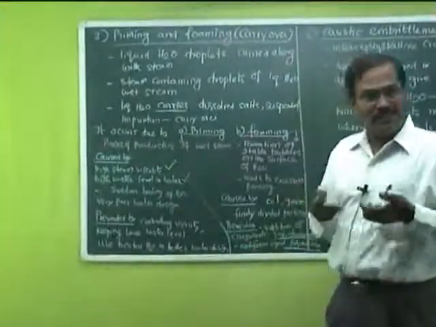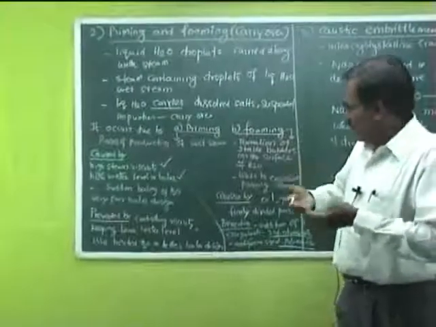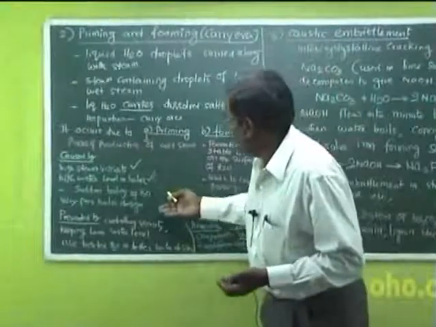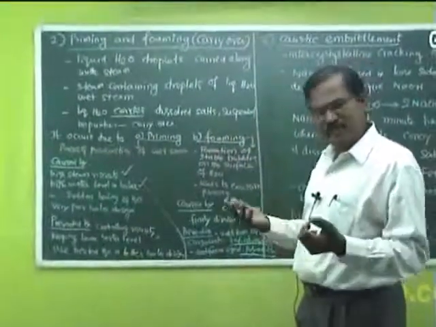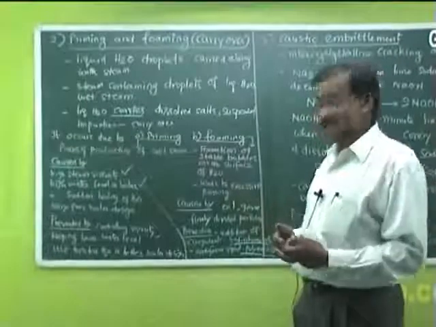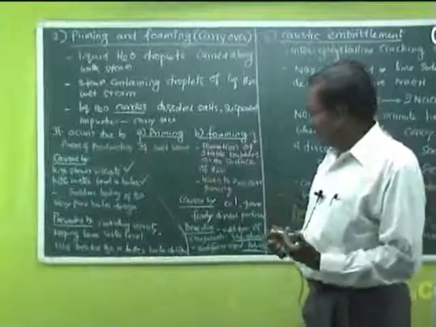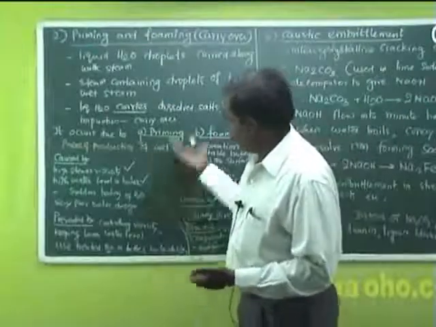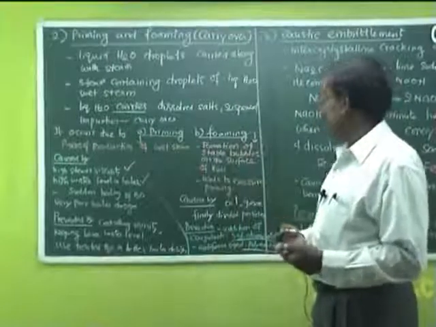When water boils suddenly, there may be some bumping, which leads to priming. And sometimes the design of the boiler itself may not be that perfect, and it may carry some liquid droplets, which leads to priming.